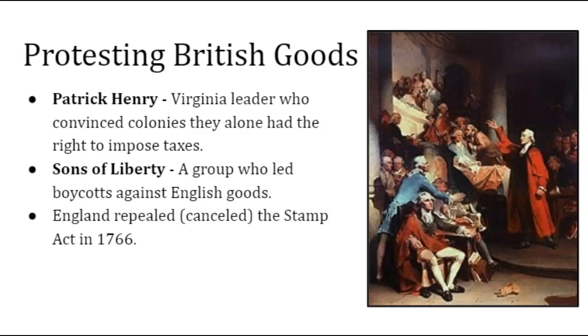The resolutions declared that the General Assembly of this colony have the sole right to lay taxes and impositions upon its inhabitants. When newspapers spread word of Virginia's action, other colonies responded. Rhode Island instructed officials to ignore the Stamp Act. Several other colonies passed resolutions similar to Virginia's resolution.